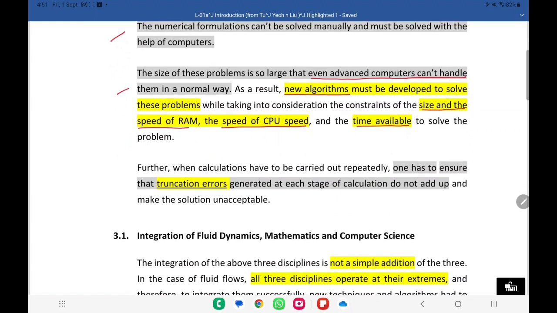Now further, I told you that these calculations have to be carried out repeatedly, which means truncation error becomes part of it. There are 2 types of error I talked about. One was truncation error, and the second was round off error.